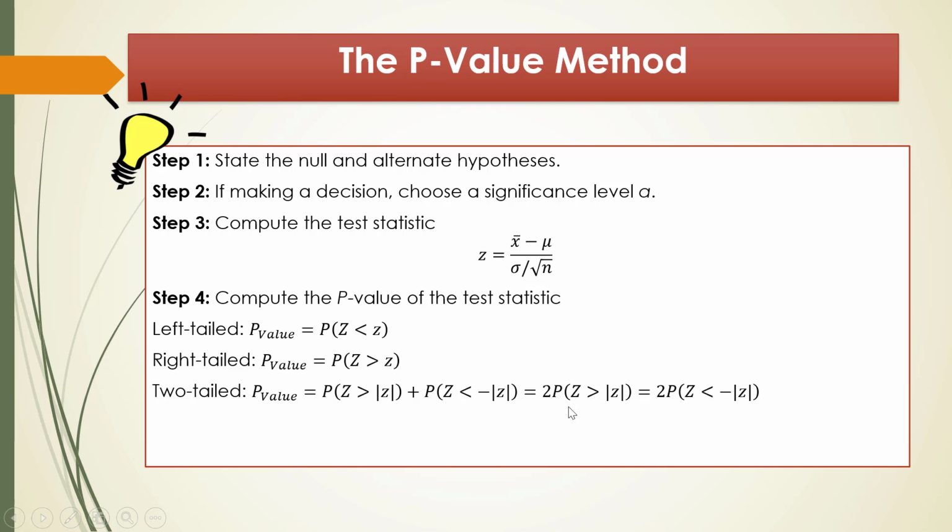So it's basically 2 times the area to the right of the absolute value of the test statistic, or 2 times the area to the left of the minus absolute value of the test statistic. And step 5, if the p-value is less than alpha, we reject H0. So that is the idea of the p-value method.